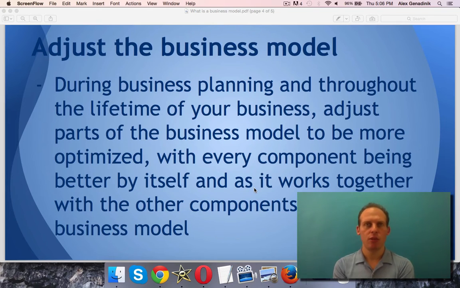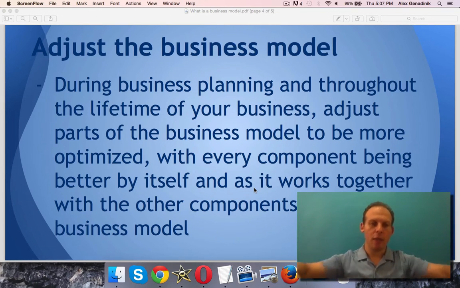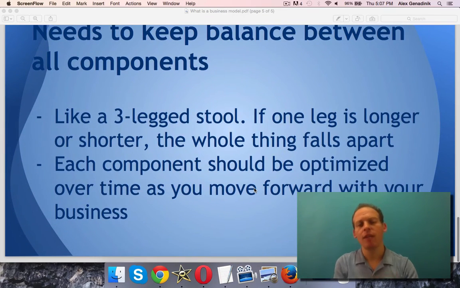That's really how I like to look at the business model. It's sort of like a 10,000-foot view of everything that's happening in your business, and of course you want that to be good. You want to always work on refining every part of that. Just to reiterate a little bit, the whole situation is like a three-legged stool.